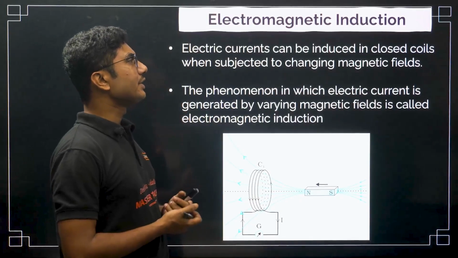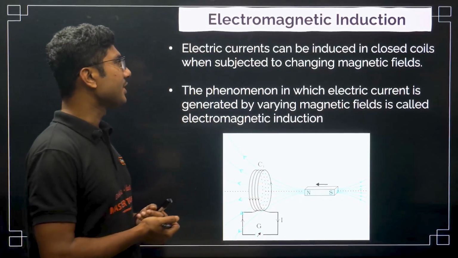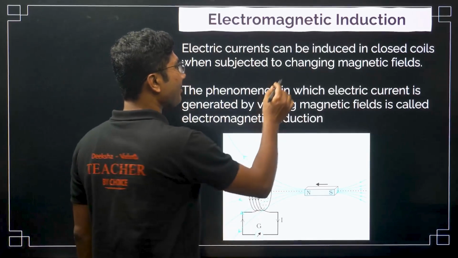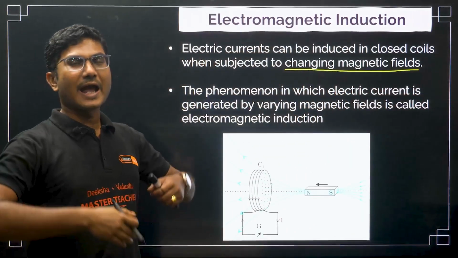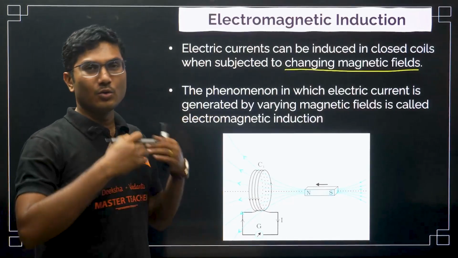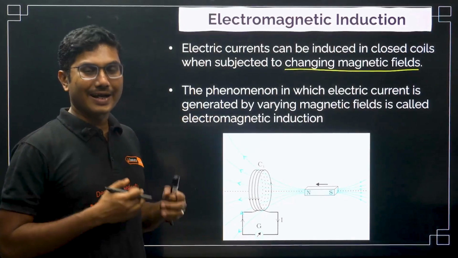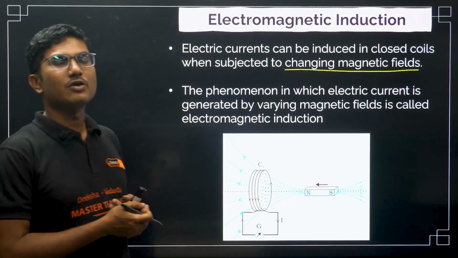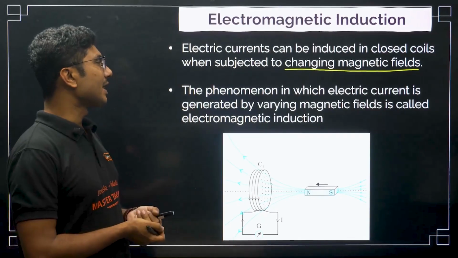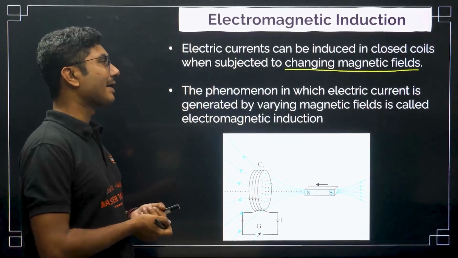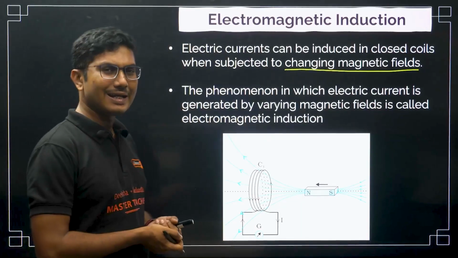Current is induced in closed coils when subjected to a changing magnetic field. The phenomenon in which electric current is generated by a varying magnetic field is called electromagnetic induction.